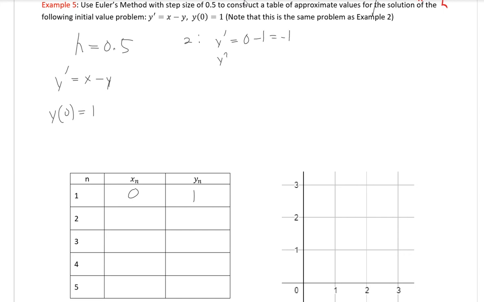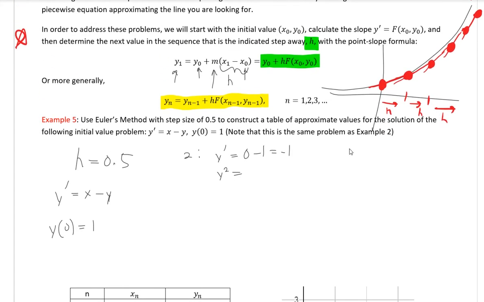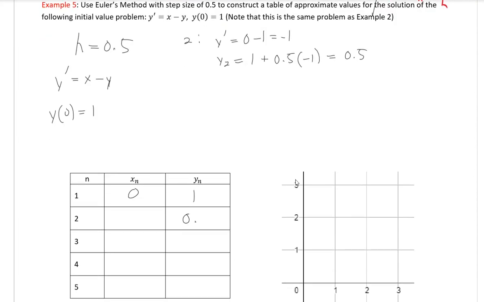And therefore, to find y2, using the formula above, not y squared, y2, if n is 2, that means we're going to take the previous point, n minus 1 is 1. So the first y point was 0, 1, so that's 1, plus h, which is the step, which is given to be 0.5, times the slope of negative 1. So it's 1 minus 0.5 is 0.5, and that's going to be our next y point.